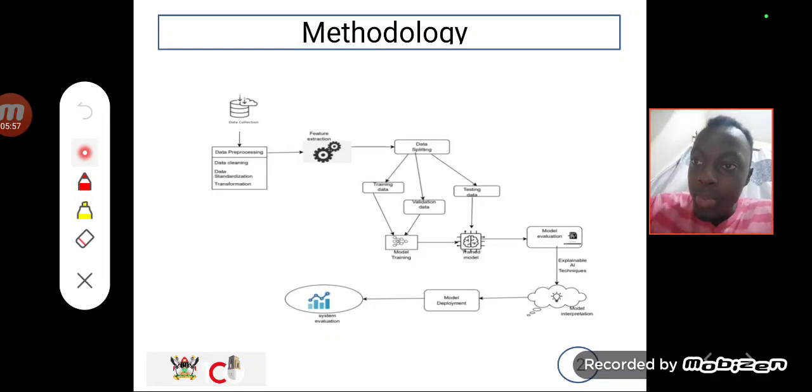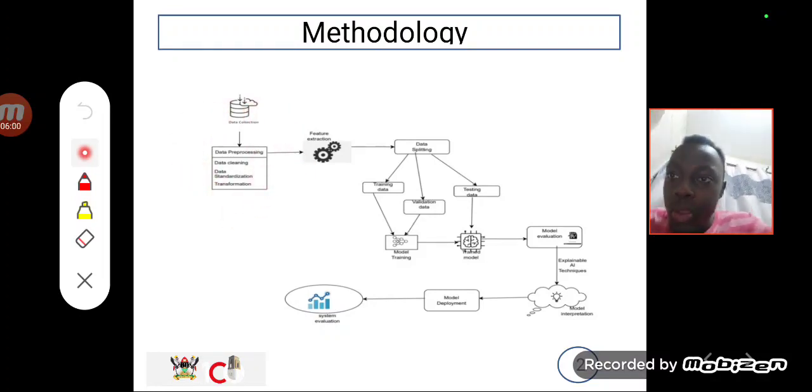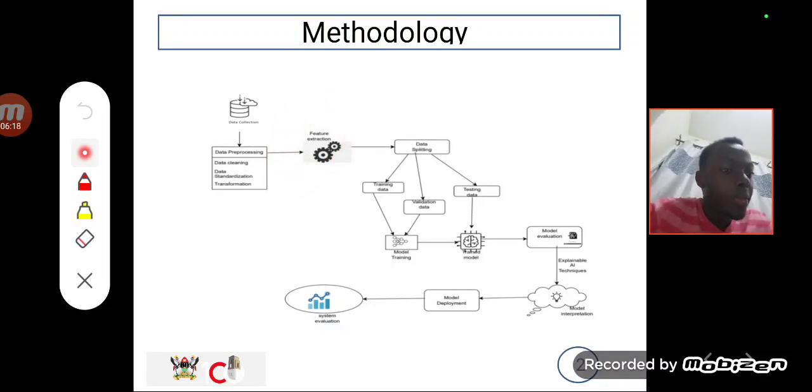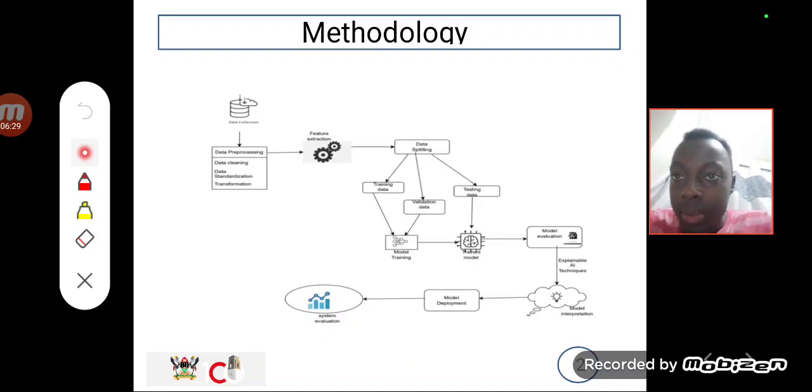The second step will be data processing, which involves the cleaning, standardization, and transformation of data so that the data can be analyzed by machine learning models. The next step will be feature extraction, where features relevant to gesture recognition, like movement, shape, and context of the gesture, will be extracted from the dataset.